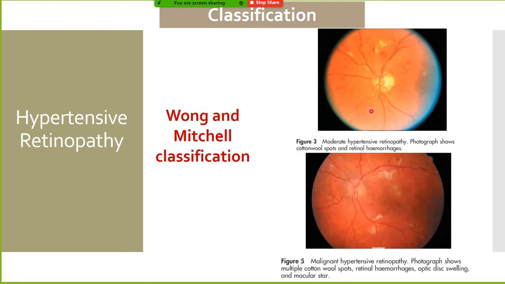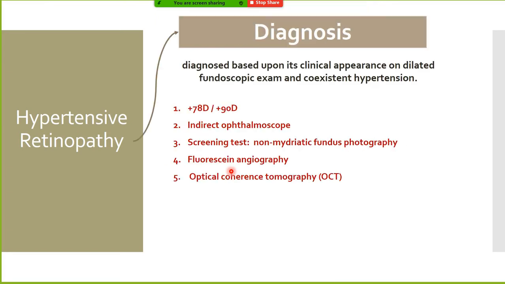In this picture again you are able to see cotton wool spots and retinal hemorrhages. Here this is the malignant one. See how the edematous disc looks and how a healthy disc looks. This is a fatal mistake if you do not find this. So make sure you develop better fundus examination skills.